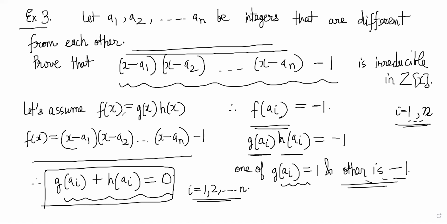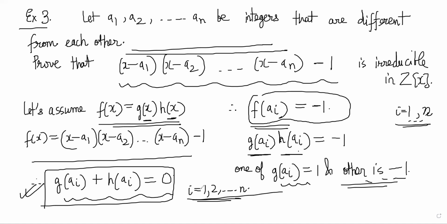What have we done so far? We have assumed that f(x) is reducible. We have written it as a product of g(x) and h(x). And because f(a_i) is -1 for all the a_i's, we know that g(a_i) has to be +1 and h(a_i) has to be -1, or vice versa. So this is true for all the i's from 1 to n.